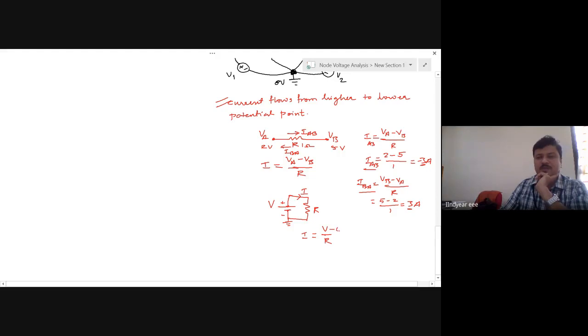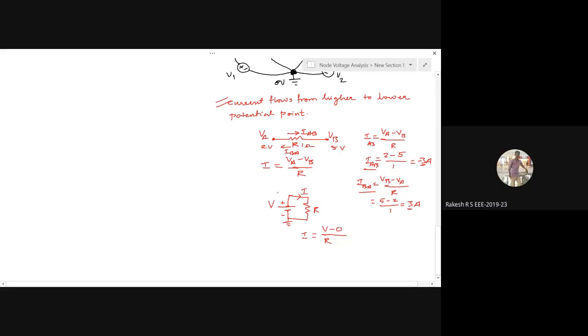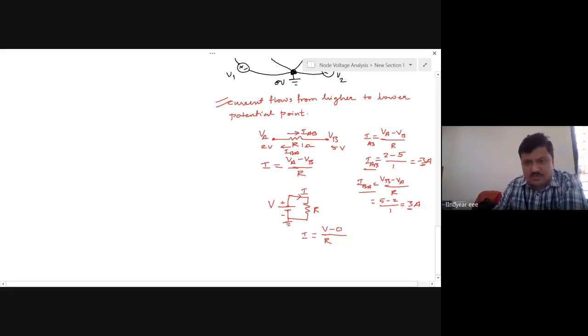Therefore, I never write V minus 0 by R. V is the potential of the positive terminal of the battery, whereas the potential of the negative terminal is 0. So the potential difference of the battery is V minus 0, always.